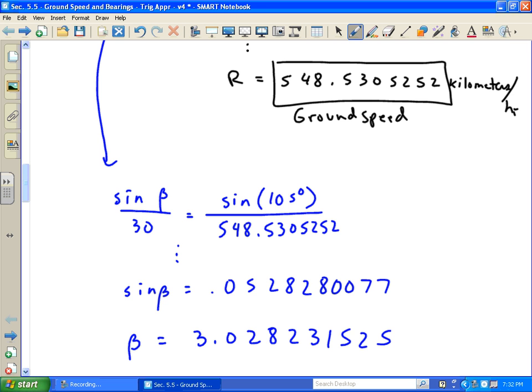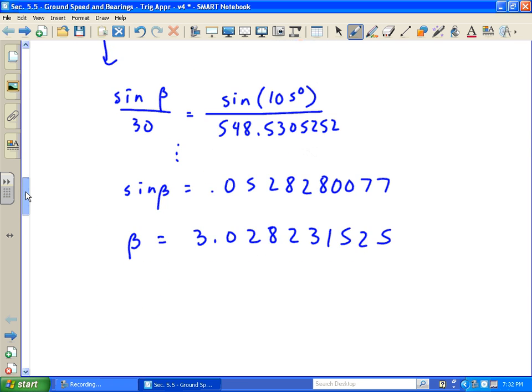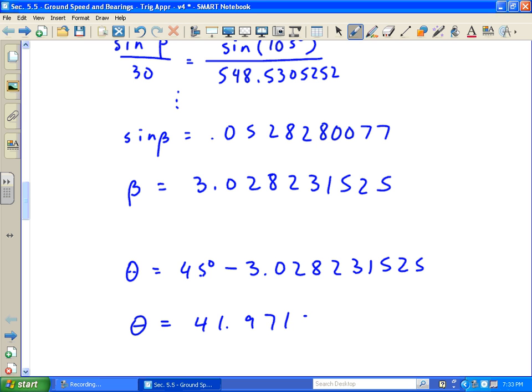If I take the inverse, I find out that beta equals 3.028231525. Now I need to come up above and find theta. To find theta, I take 45 minus the beta that I just found. So theta equals 45 degrees minus the angle from my work above, and so theta equals 41.97176847.